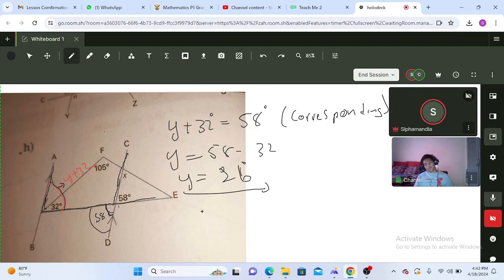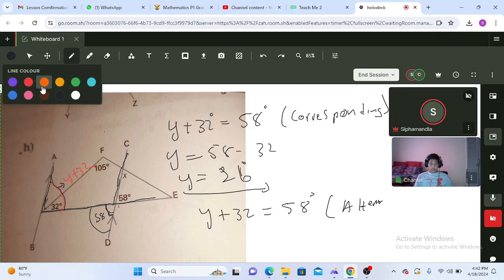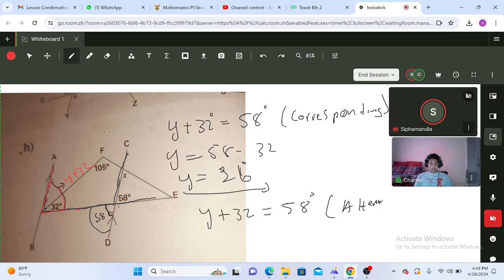So I can have y plus 32 degrees equal to 58 degrees, which would happen to be alternating angles. Why is it alternating angles? Because I have this Z shape. I hope you can see it. So that angle is equal to that angle.